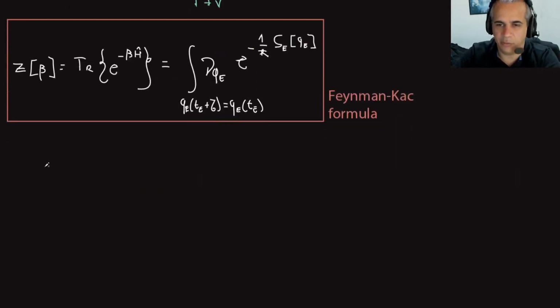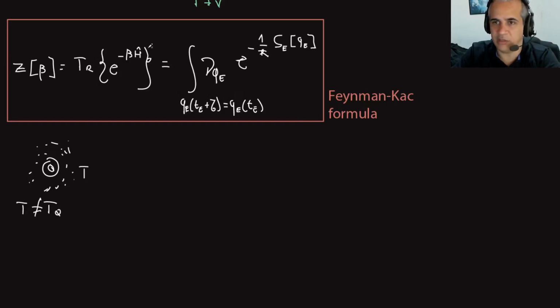Now let's complicate things a bit further, right? Let's now think of a quantum particle which is in contact with a thermal bath at temperature T. Don't confuse this T with the T_Q we had before. This T_Q we had before was analogous to this length. It was actually related to h bar. This is a real temperature.